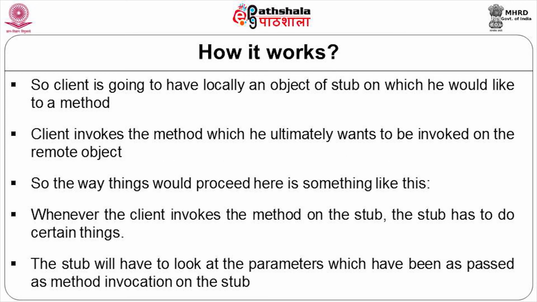So the client, the end user, is going to have locally an object of the stub on which he would like to invoke a method. He invokes the method which he ultimately wants to be invoked on the remote object.